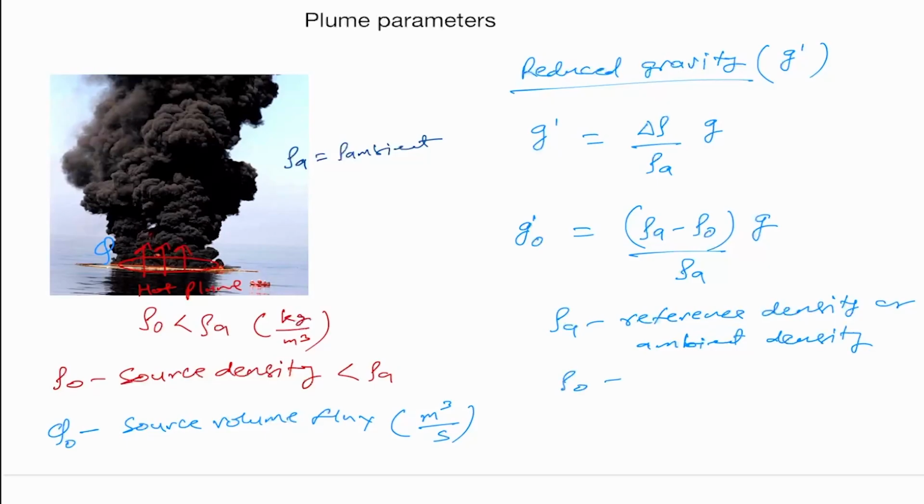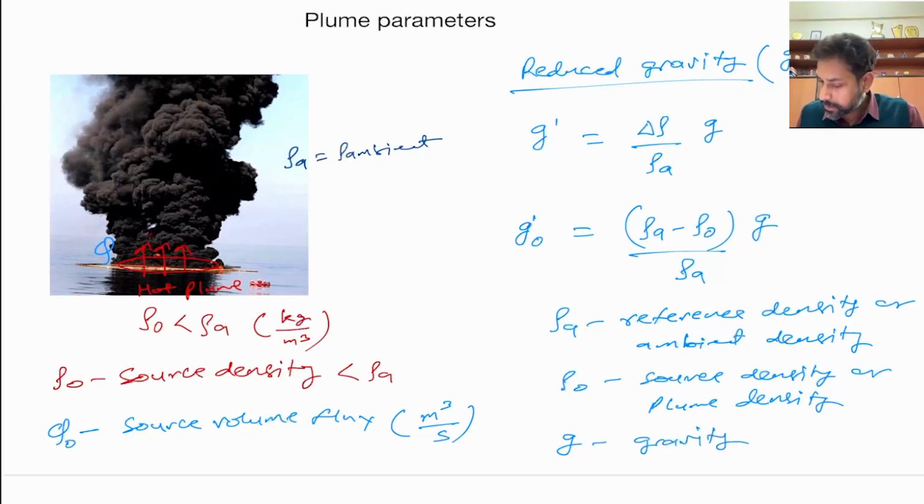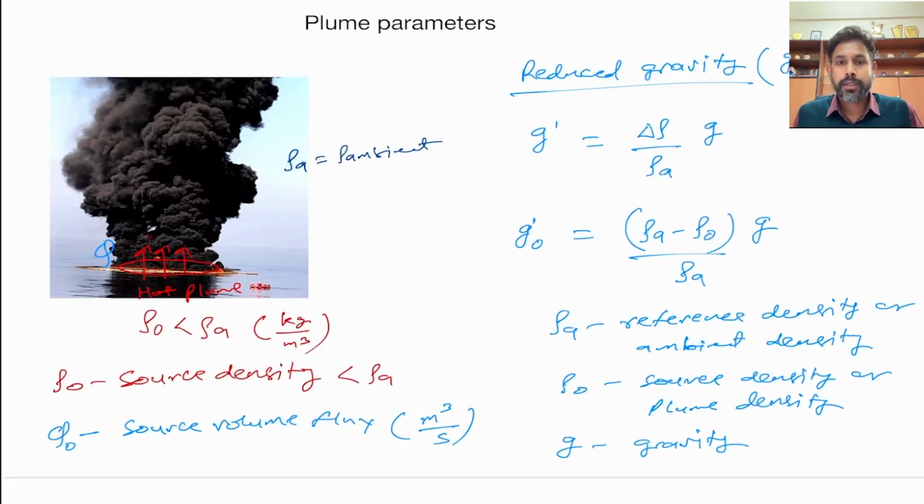Rho naught is the source density or plume density, right? And g is the gravity.